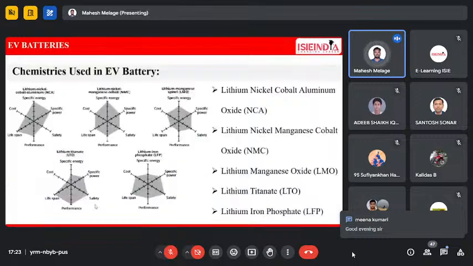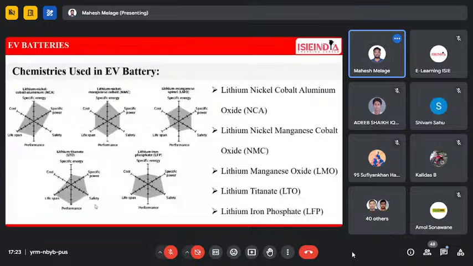The next part is the chemistries used in electric vehicle batteries. In most electric vehicles, we use lithium-ion batteries. These are the different chemistries of lithium-ion batteries, with the classifications and parameters of each.